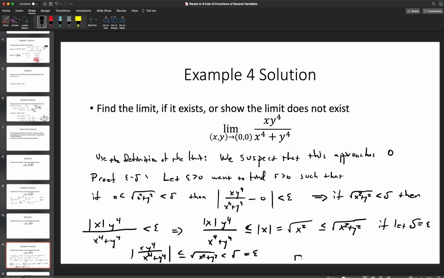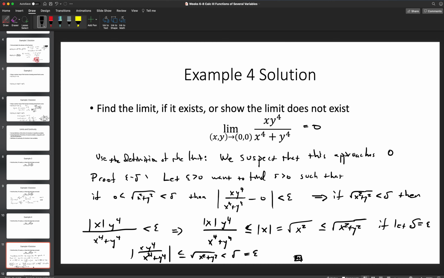So there we found delta. If we let delta be equal to epsilon in this case, then we've satisfied the definition of the limit. So this limit approaches 0.